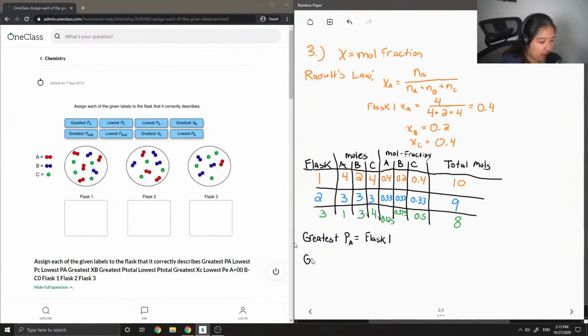For greatest P total, it's also going to be flask 1.